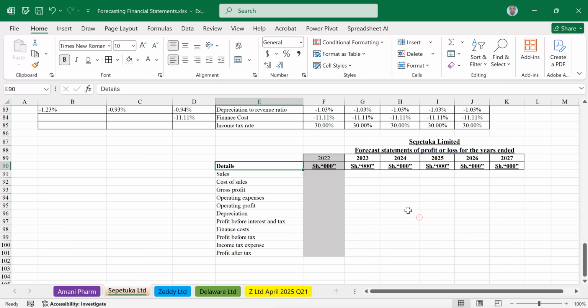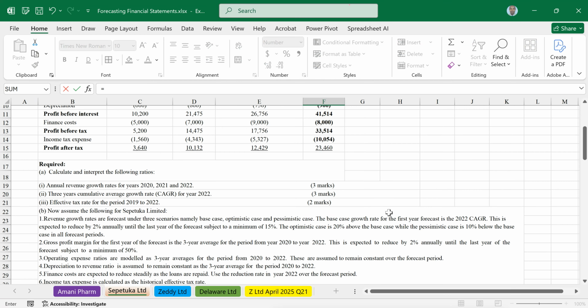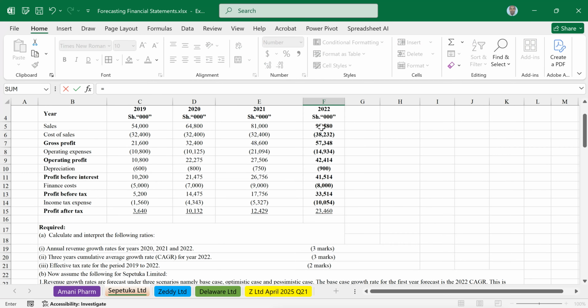After that, the results for the year 2022 will be equal sign, then pick what we have as the year 2022, 95, enter, then drag down.